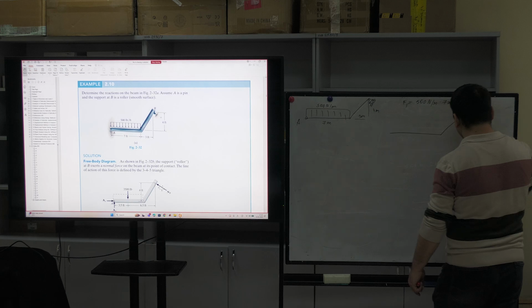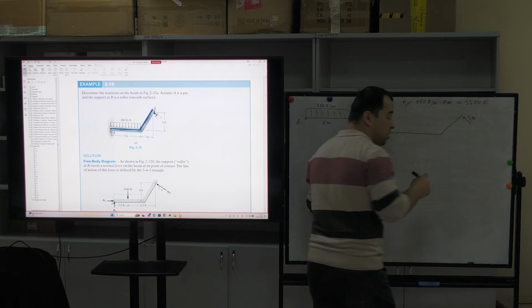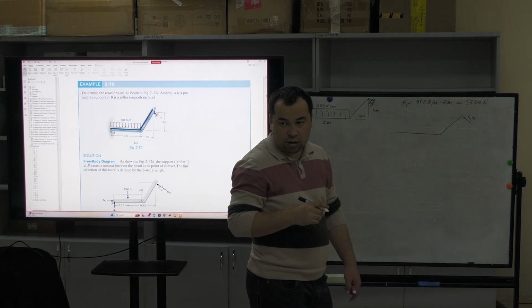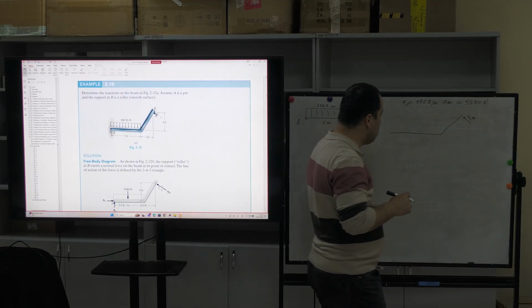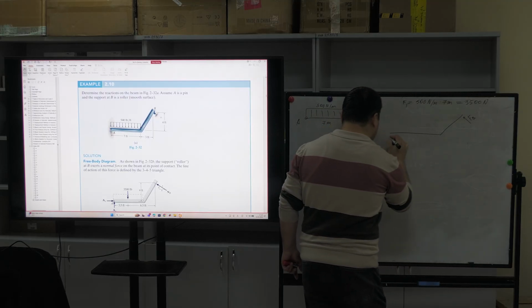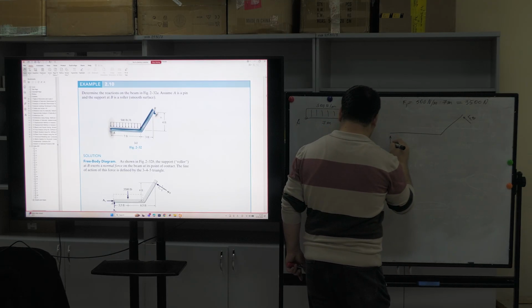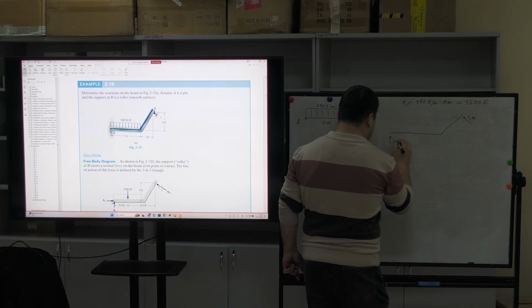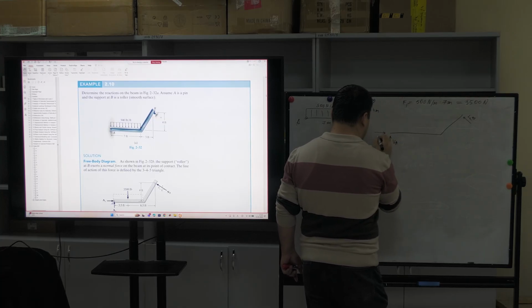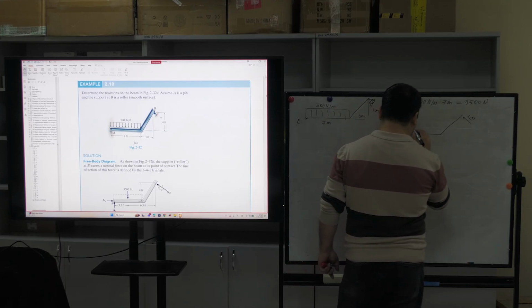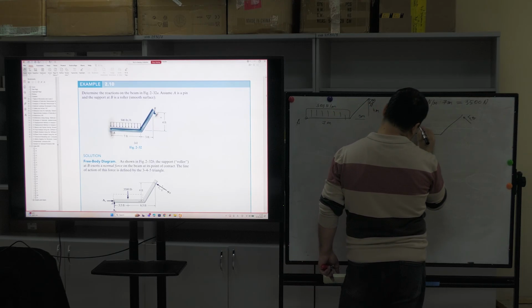Let me write FB. Okay. It has two components. And we have here VA, here VB. And exactly in the middle we have a force of 3.5 kilonewtons, nothing more.